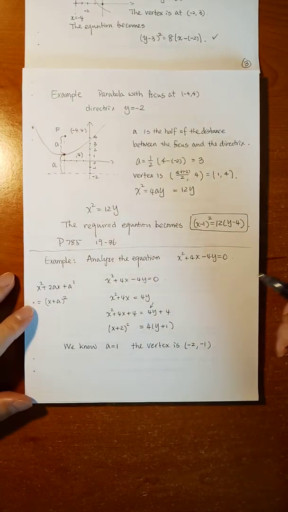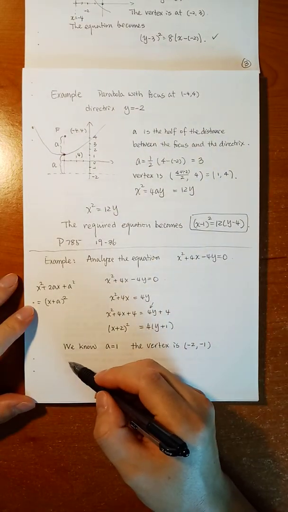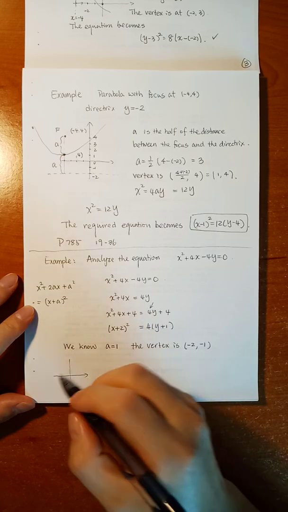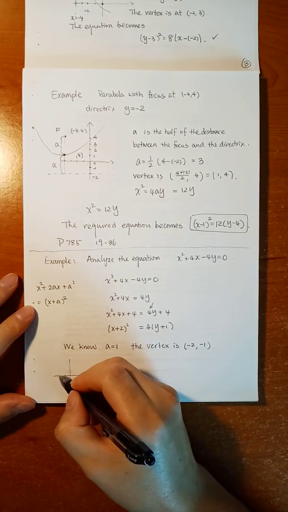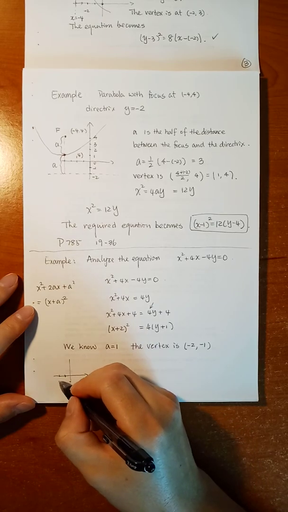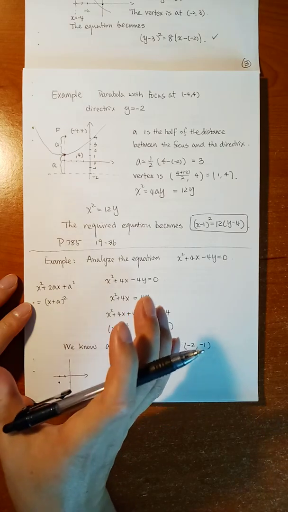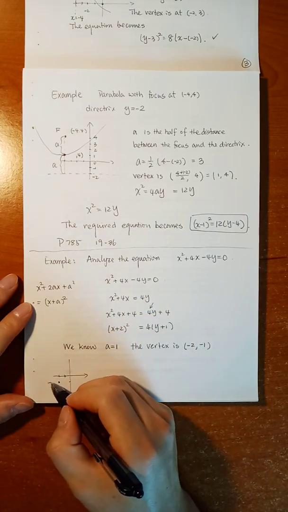Okay, now let's check. -2, -1, this is the vertex, open to the positive y direction.